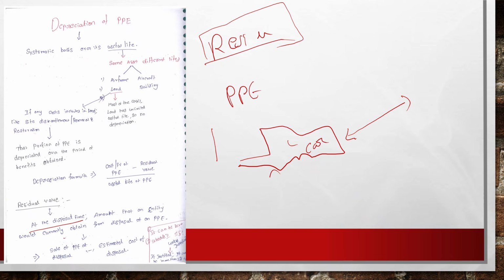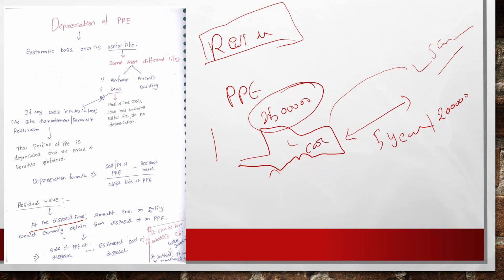After 5 years you can sell this car in the secondary market or wherever possible, and you are able to recover 2 lakhs, but the value of the car today is 25 lakhs. Okay, this is the residual value you can recover.